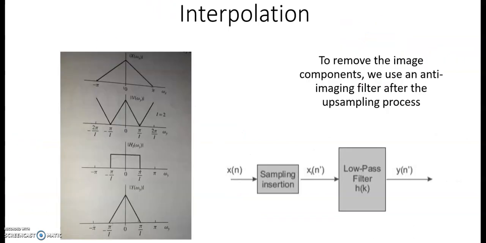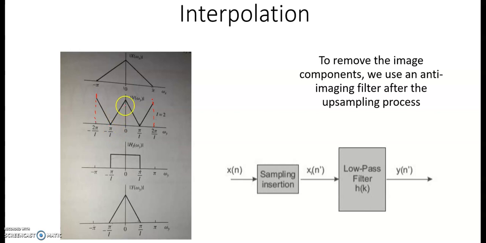That is why, if you want to ensure that the interpolation happens properly, you need to use an anti-imaging filter to reject the images. If you look at this graph, the original graph is spanning from minus pi to plus pi. You have this signal being reduced to this particular range, but if you consider the original span, you get an alternate copy.